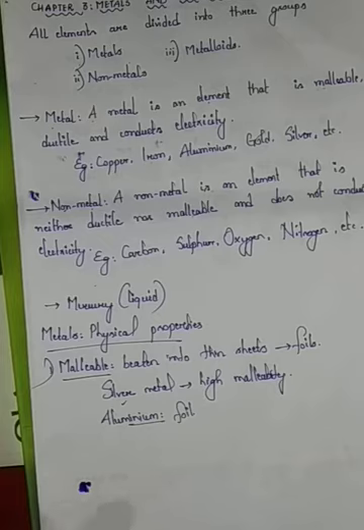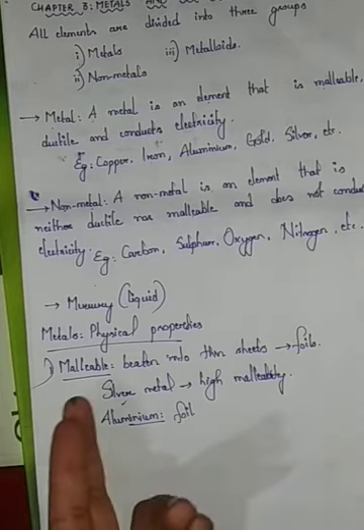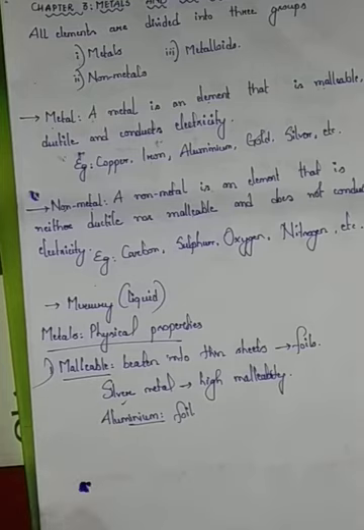So all of these are examples of our metals which show the physical property known as malleability, meaning they can be beaten into thin sheets. Thus malleability is an important characteristic property of metals.